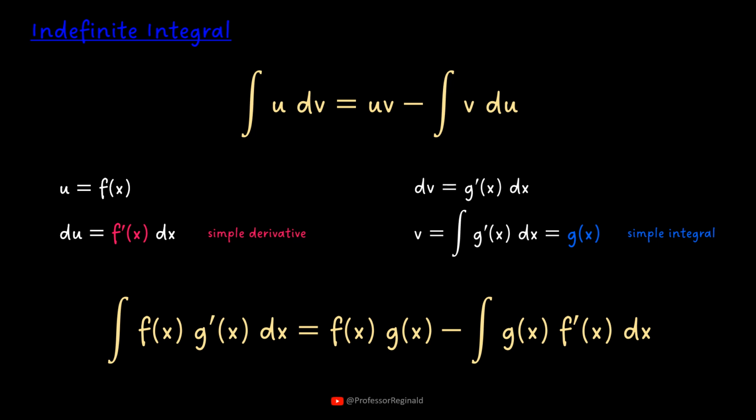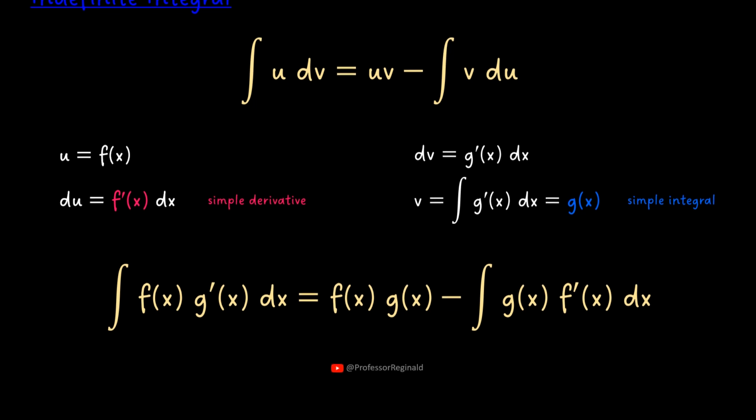While there is a product rule for differentiation, there is no product rule for integration. However, there is a connection between integration by parts and the product rule of differentiation. Derivation of integration by parts. Consider the product rule of differentiation for two functions u and v.